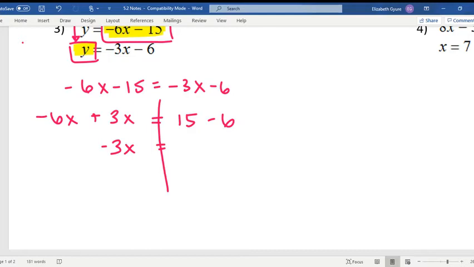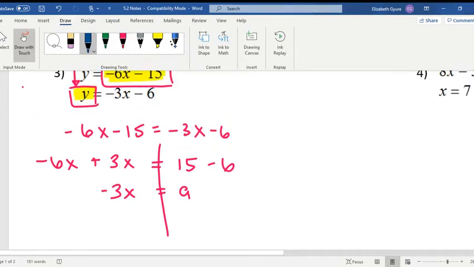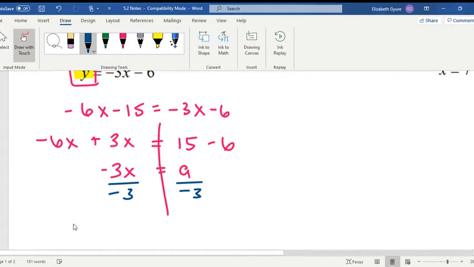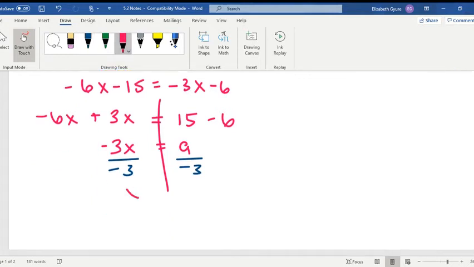No, I was talking to Olivia. 15 minus 6. I'm not your human calculator. What's 15 minus 6? 9. Then what do we do, Jake? Yeah. Divide both sides by negative 3. Yep. And 9 divided by negative 3 is negative 3.